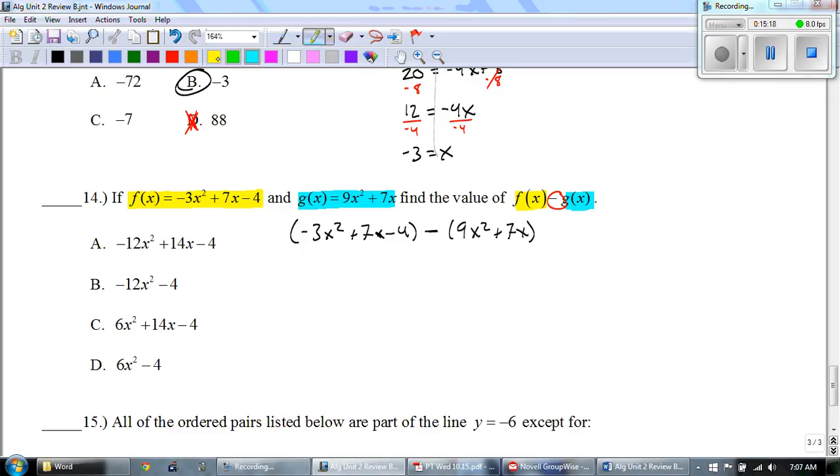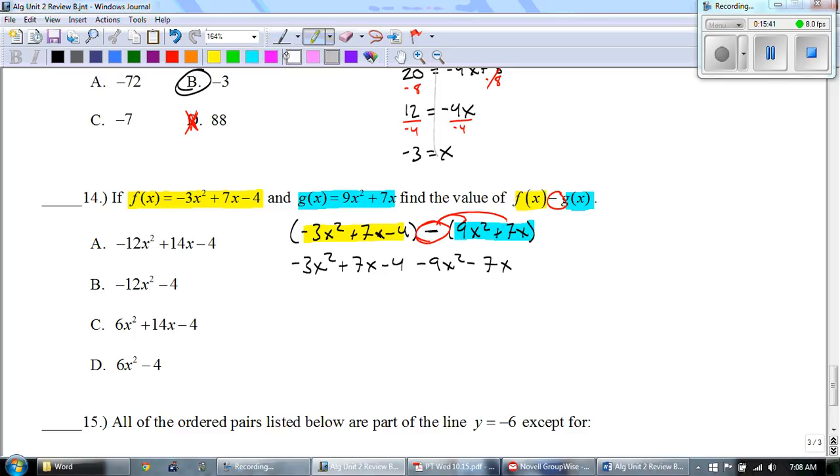Now we're going to subtract, and I'm going to distribute that negative to everything in the back. So the first part stays the same, and that turns into a negative 9x squared and a negative 7x.